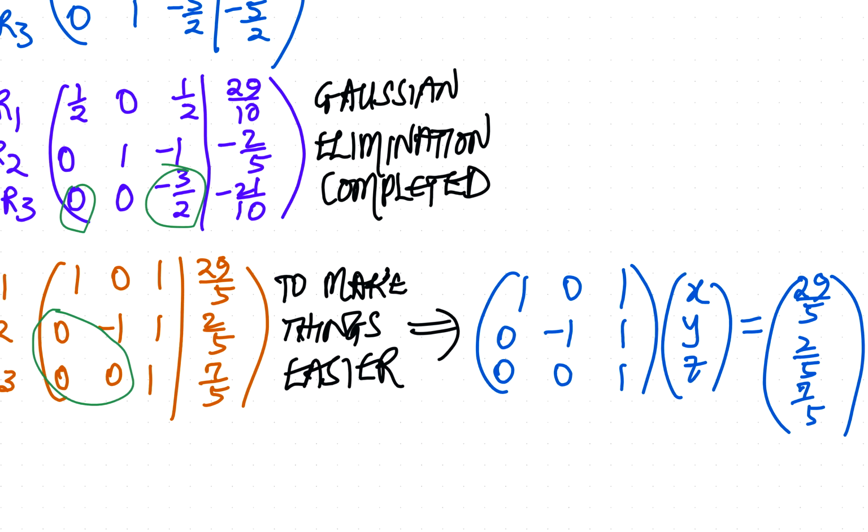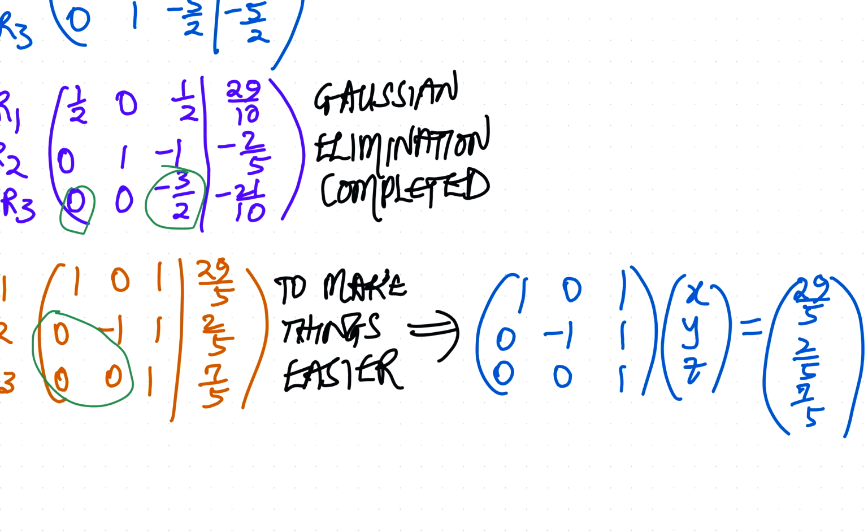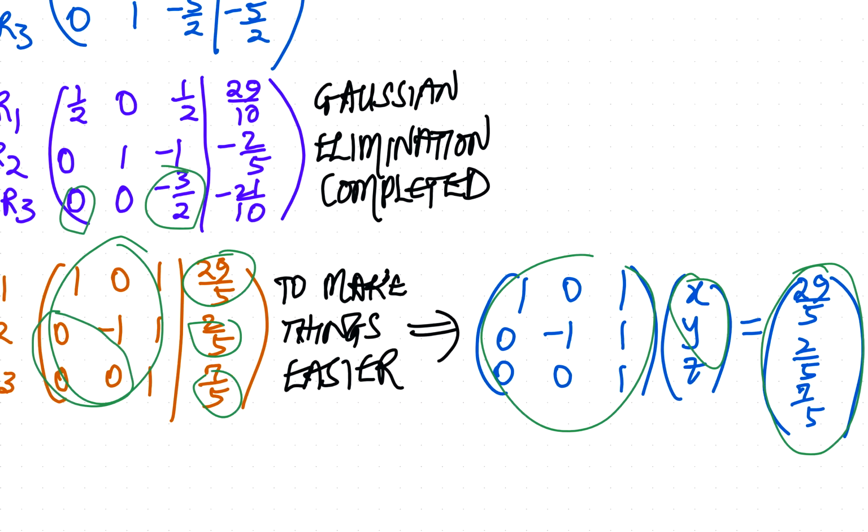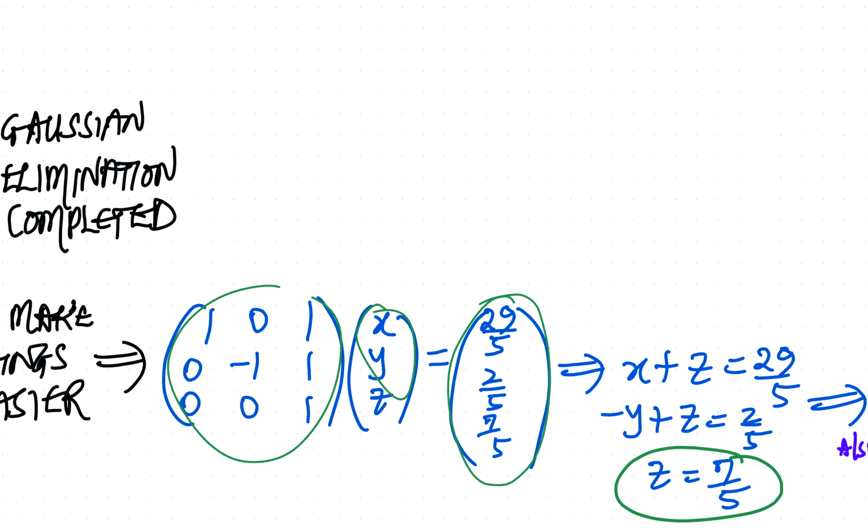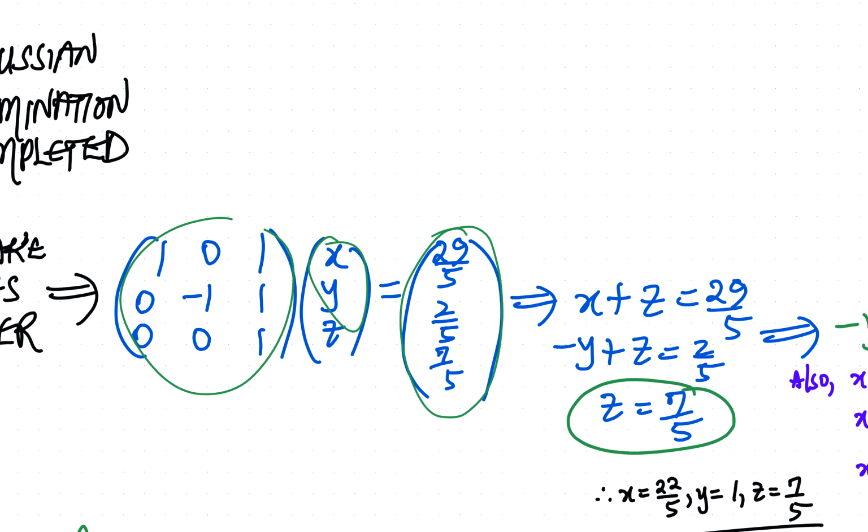So you put this here, and then you bring back your X, Y, Z, and then you have your 29 over 5, 2 over 5, 7 over 5. You have that here. So you're going to do what is called backward substitution. So what is happening here is backward substitution.